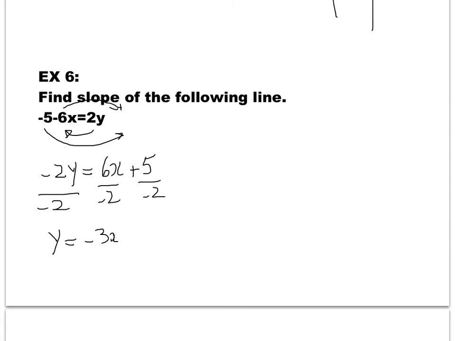It's up to you. So I just leave it as -5 over 2. Now, looking at this one, what is the slope? -3, excellent. So the slope is -3, and the y-intercept b is equal to -5 over 2. Excellent job. That was it. That's all you have to do.